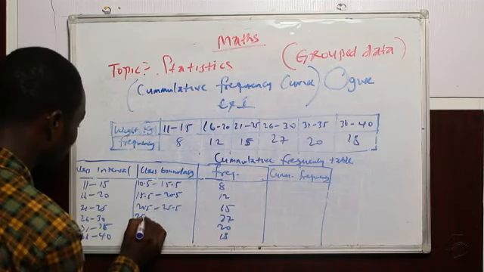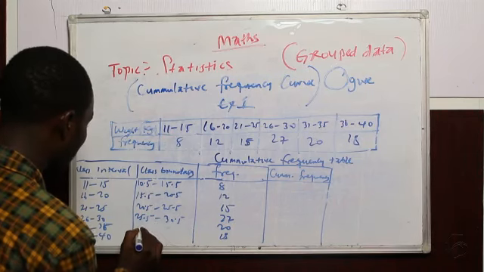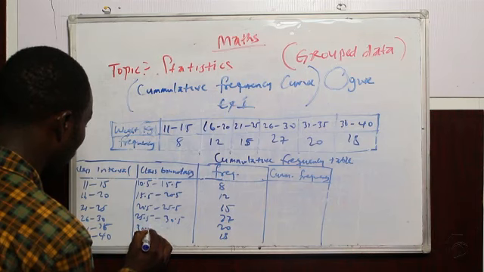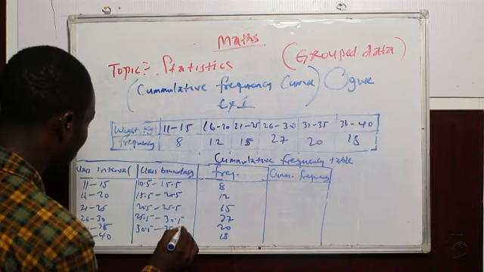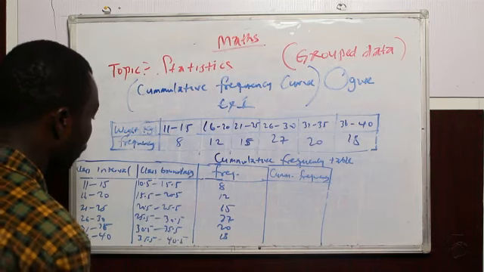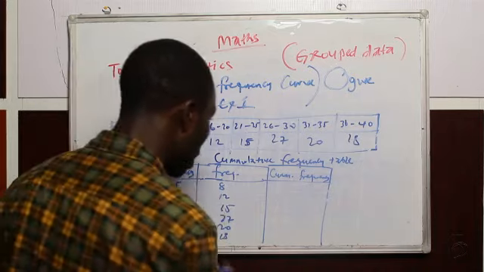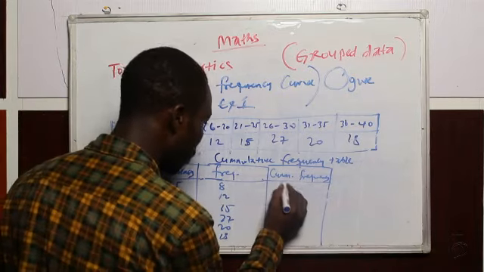Here is 25.5 to 30.5. Here is 30.5 to 35.5. Here is 35.5 to 40.5. That's the class boundary.